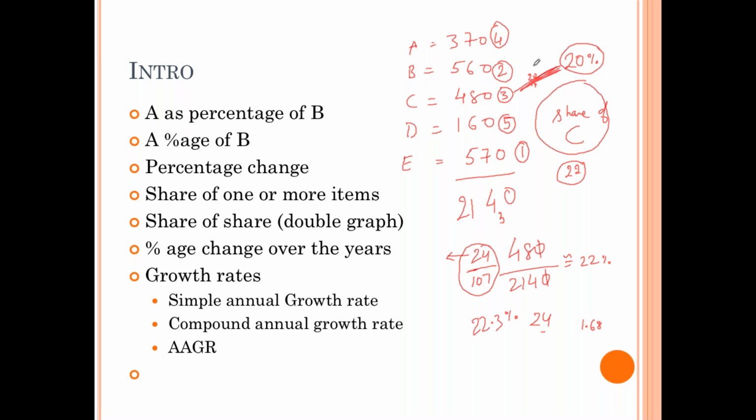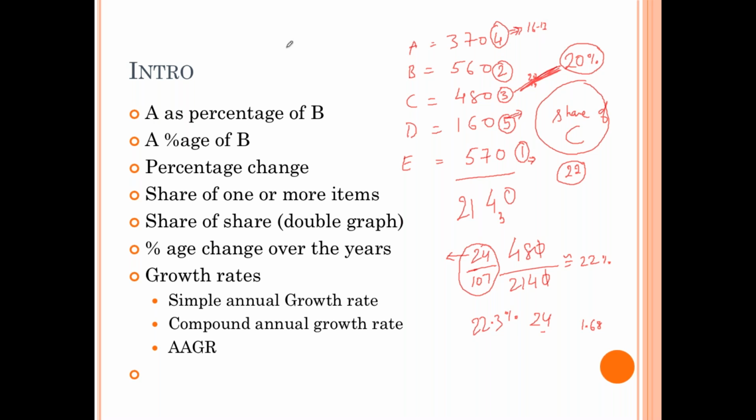My middle rank is always near 20%. It is like the pizza approach. I will explain in a short while. Now if I have to find the share of this E, it will be slightly higher than that, let us say 30%, 28%, 29%. If I calculate the share of the fourth rank, it will be 16, 17%. For the lowest, it will be around 10% or maybe less than that also.